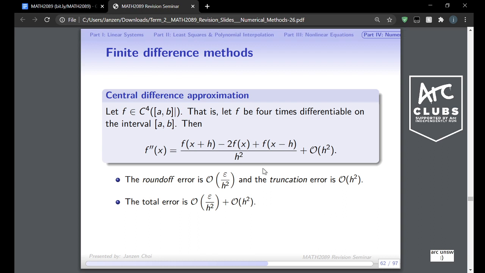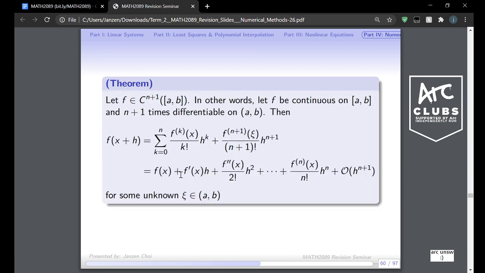Alright, so the central difference approximation here allows us to evaluate values of f' and f'', given values of f, via the following expression. The expression here only represents the approximation for the double derivative. If we wanted the single derivative central difference approximation, we just use the same Taylor series, except we ignore one of the terms.